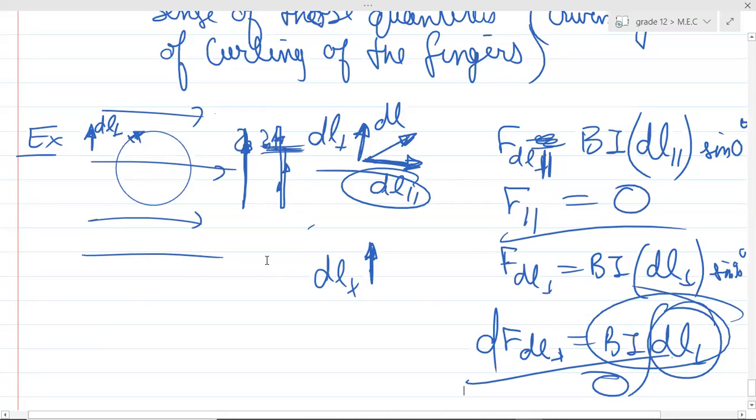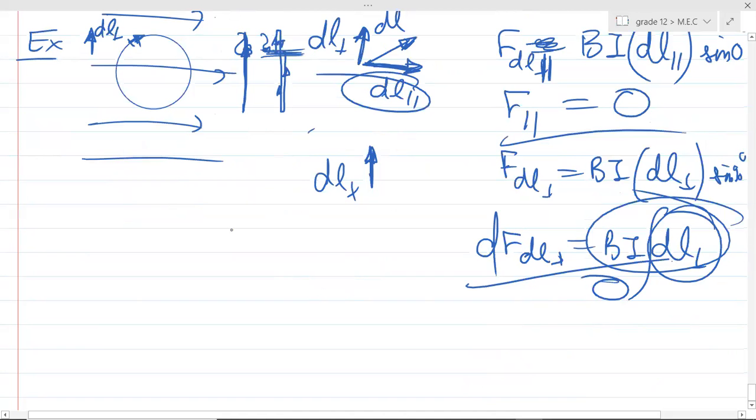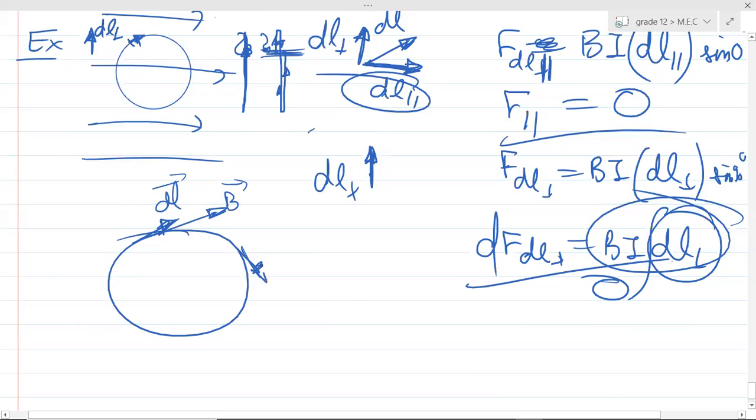Haan beta, if I would have taken the dl vector, and if I would have not broken it into two components, and suppose at every point I produce a magnetic field which is parallel to the dl vector in every direction, then when you calculate the force on this wire, you will do B into I into dl vector.